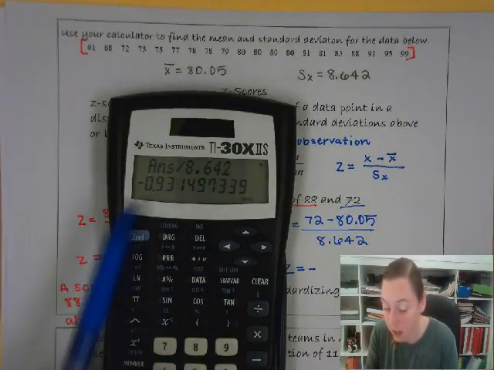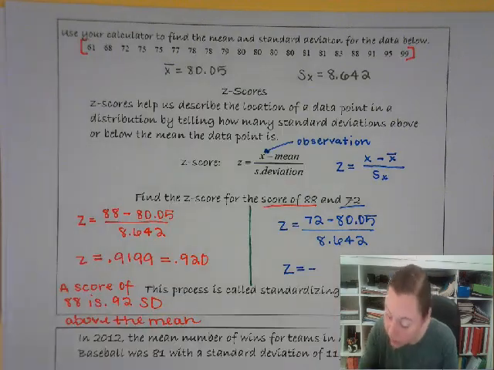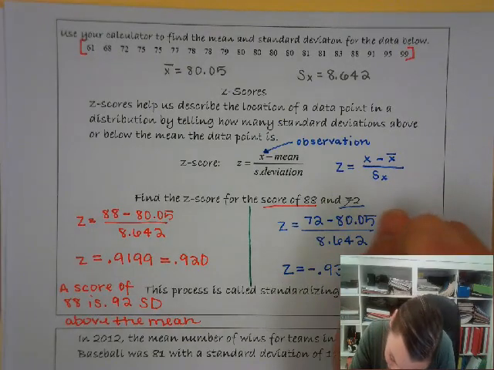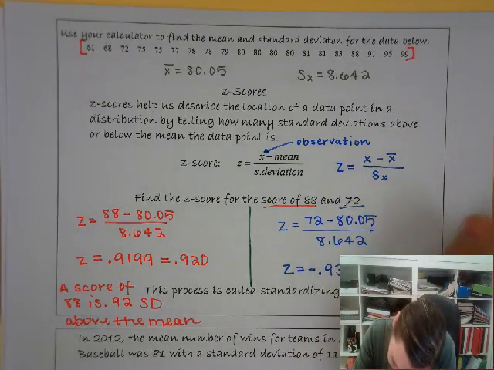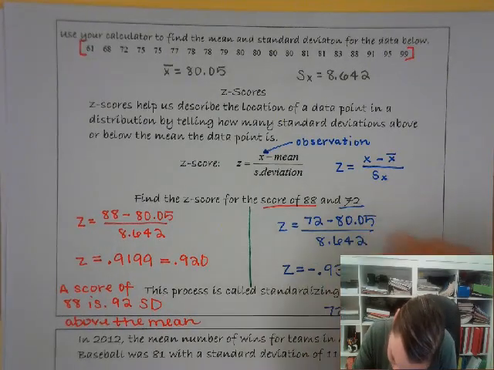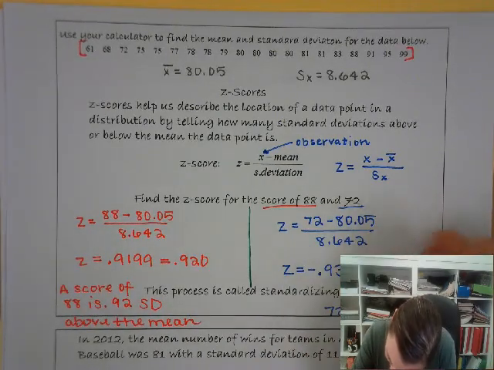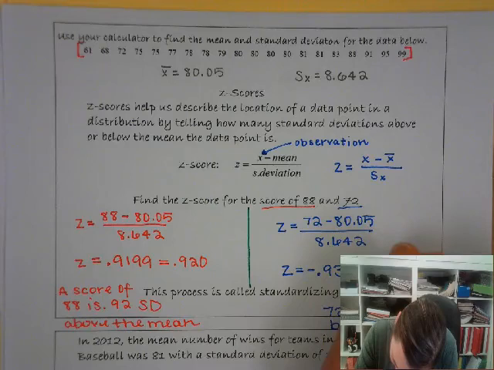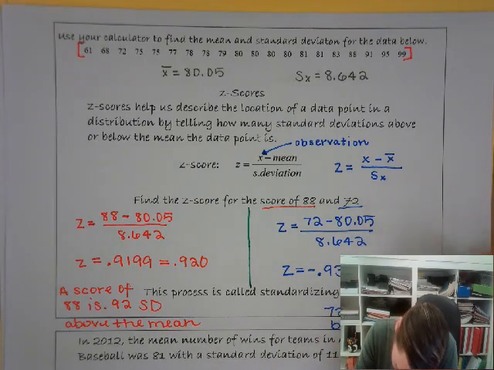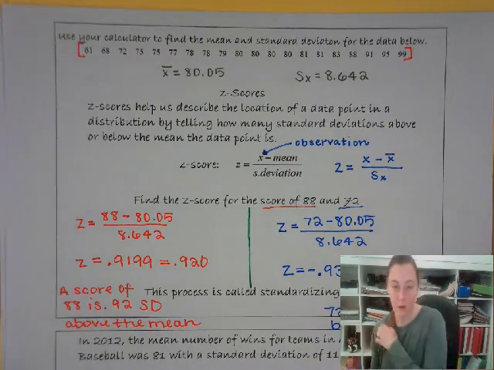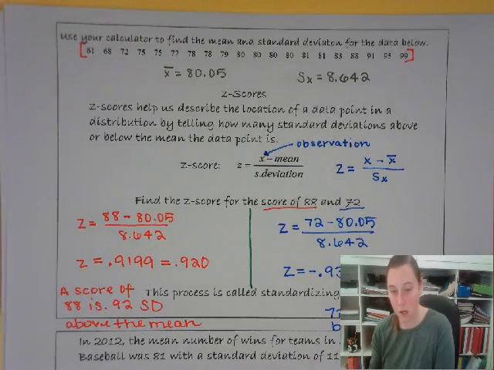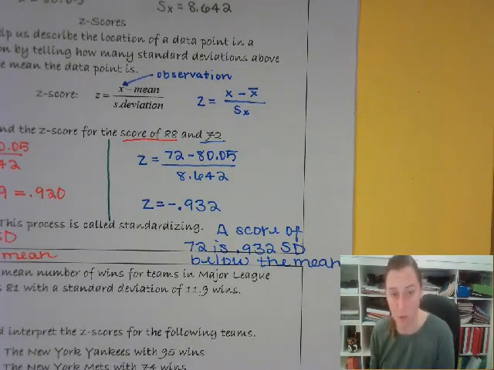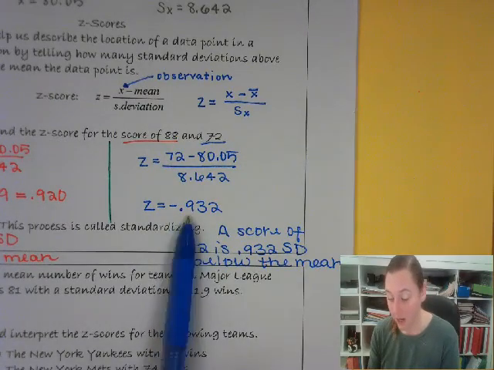I said just 0.932, but there is a negative in front of it. So a score of 72 is 0.932 standard deviations below the mean. There's my explanation. Sorry, I forget that my head gets in the way. So we got a negative 0.932.